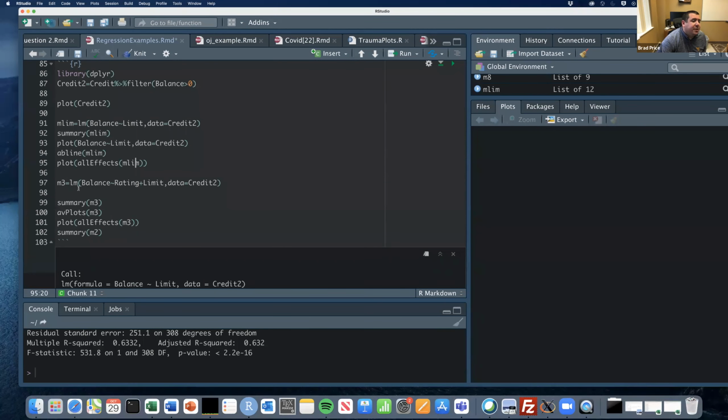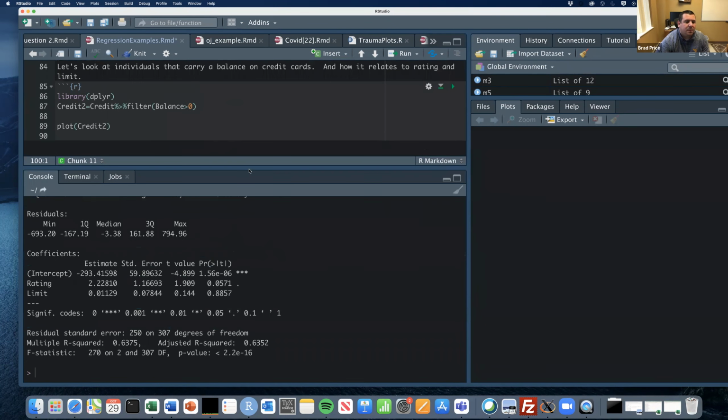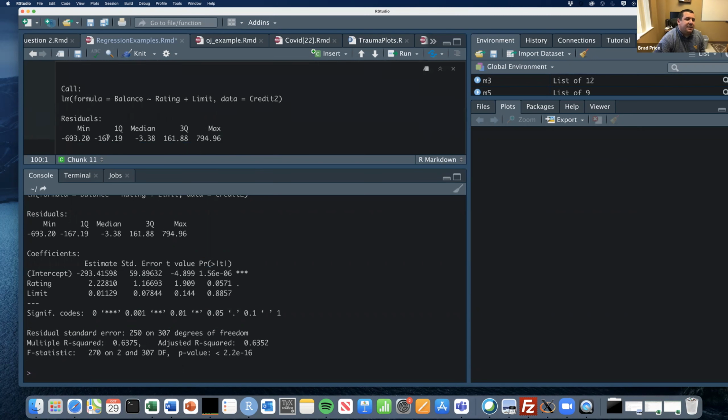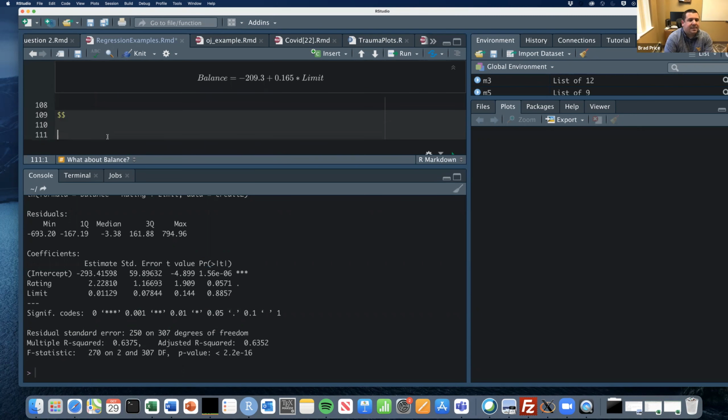So what I'm going to do is fit a model with rating and limit as my predictors. Balance is my response. Rating and limit are my predictors. And let me look at the summary real quick. What this model now says is I have an intercept.